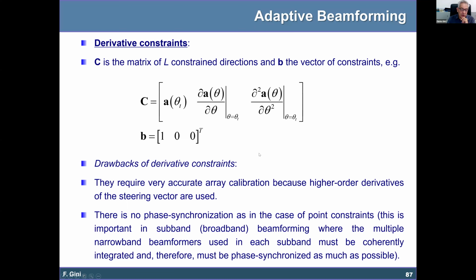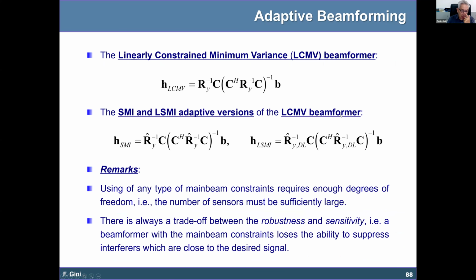So, this is just to mention the fact that they exist. I will not spend time on this. Obviously, this is the expression of the clairvoyant beamformer. Then in practice, we use its adaptive version where the covariance matrix of the data, Ry, is replaced by the sample covariance matrix estimate.